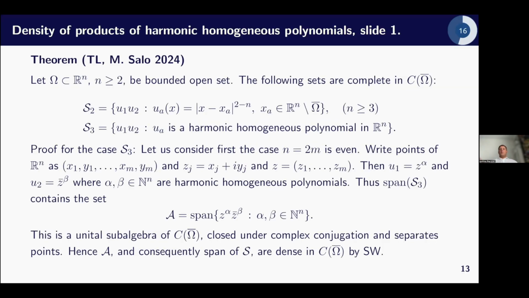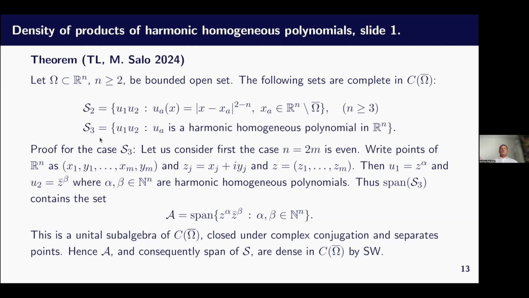So, density of products of harmonic homogeneous polynomials. This is a theorem we proved with Salo this year. Let omega be a bounded open set. Then the following sets are complete in C(omega). So S2 are products of u1 and u2, which are of the form absolute value of psi minus psi j to the power 2 minus n, where these points psi 1 and psi 2 are outside of this omega.